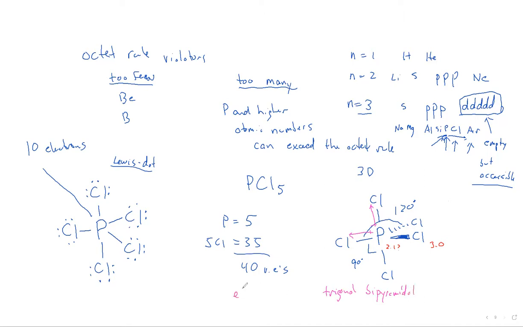And so this would be the electron geometry and the molecular shape: trigonal bipyramidal. And so this is non-polar because of the high symmetry. This is one of those high symmetry groups. Since all these atoms are the same, they're going to cancel, because the dipoles cancel.